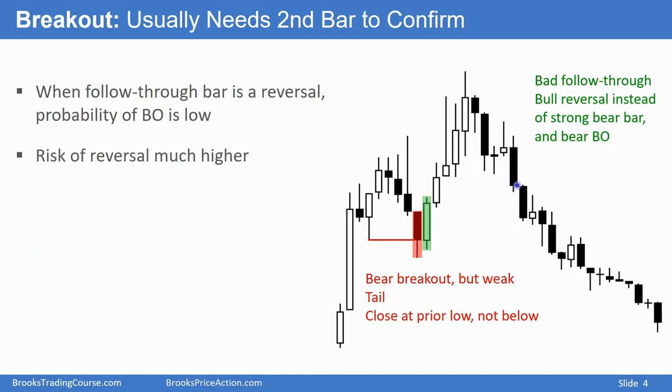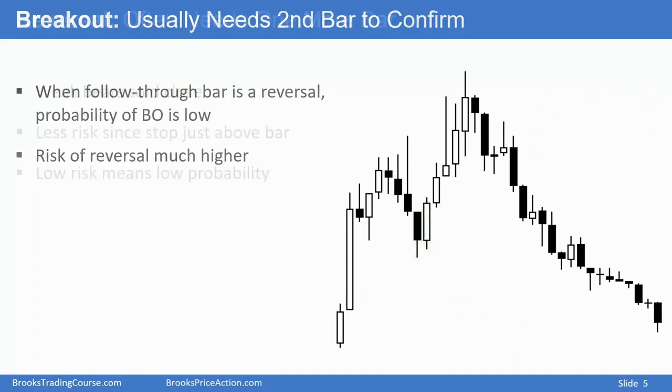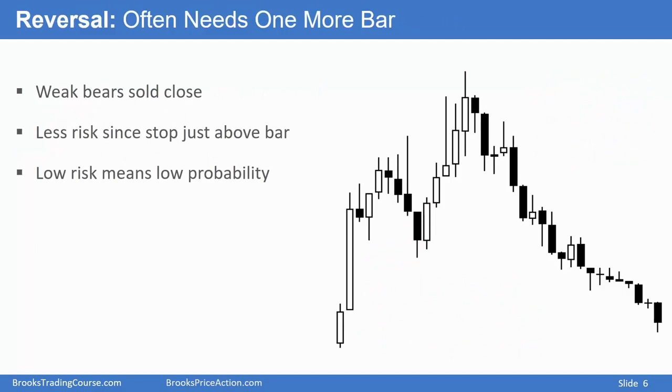Here, bear breakout, good follow-through, probably get at least some follow-through selling. Yes, some bears sold this close, and it's not a high probability sell, but probably good risk reward. Maybe they put their stop above the bear bar, maybe above this, hoping for a huge move down. So big reward, not big risk. But whenever you have great risk reward, you have terrible probability.